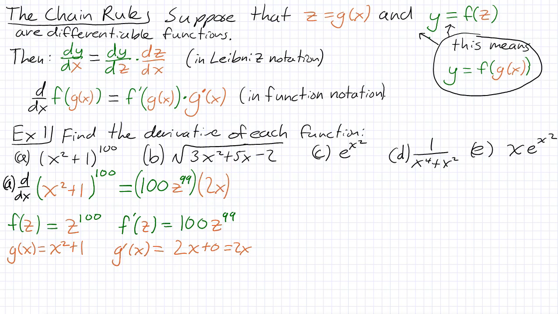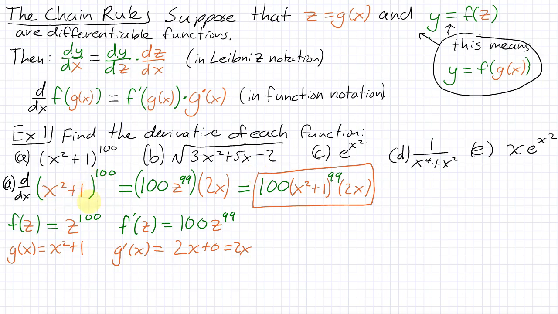And this isn't really the answer because the question gave us a function just of x. So we should have a function just of x in it here. So that's what I'm going to do, is replace the z with the x squared plus 1. And write this as 100 times x squared plus 1 to the power 99 times 2x. And that is the answer to the question.